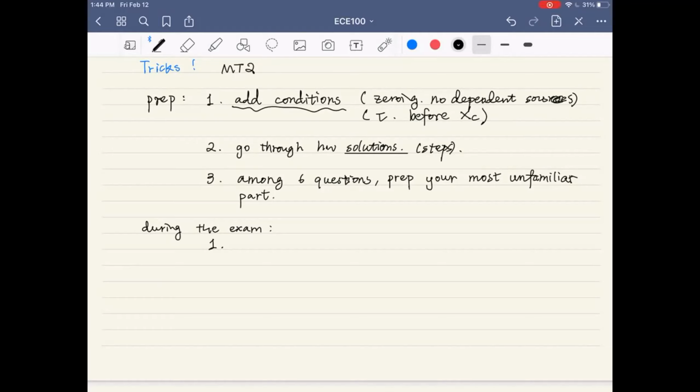For example, if you can draw some figure of the equivalent circuits, whatever, right?